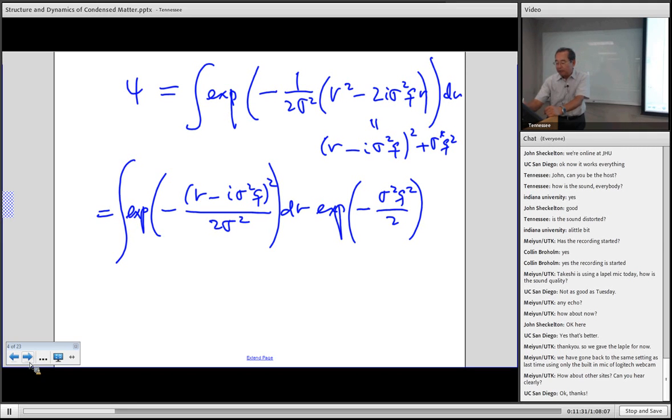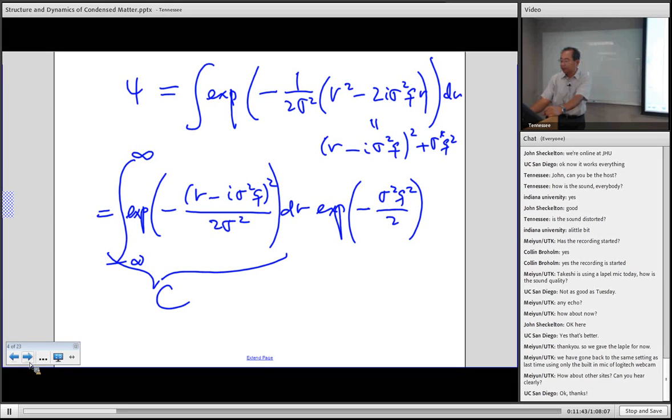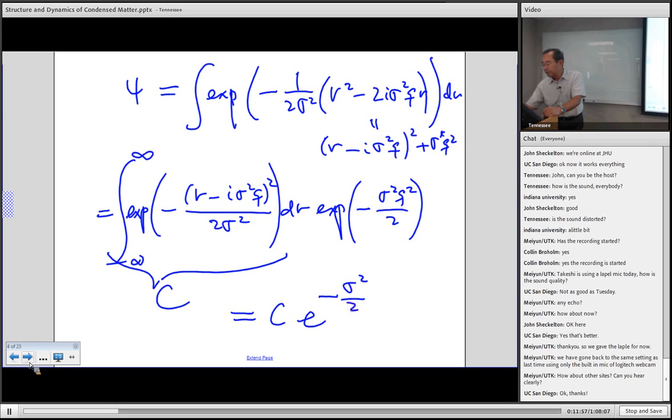Then this integral is from minus infinity to infinity, and this becomes a constant involving the square root of 2π. So the total thing is a constant times e^{-σ²Q²/2}. And this is a Gaussian again.